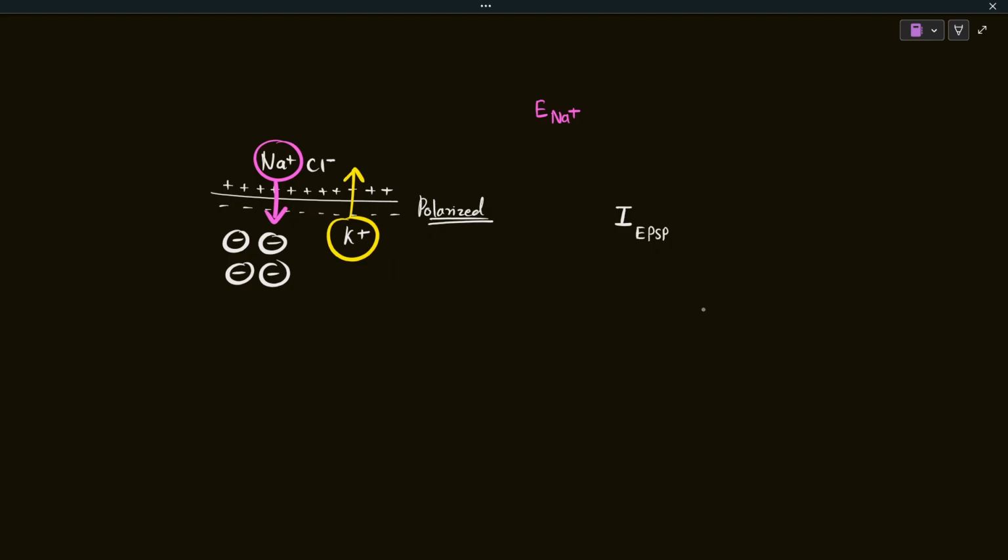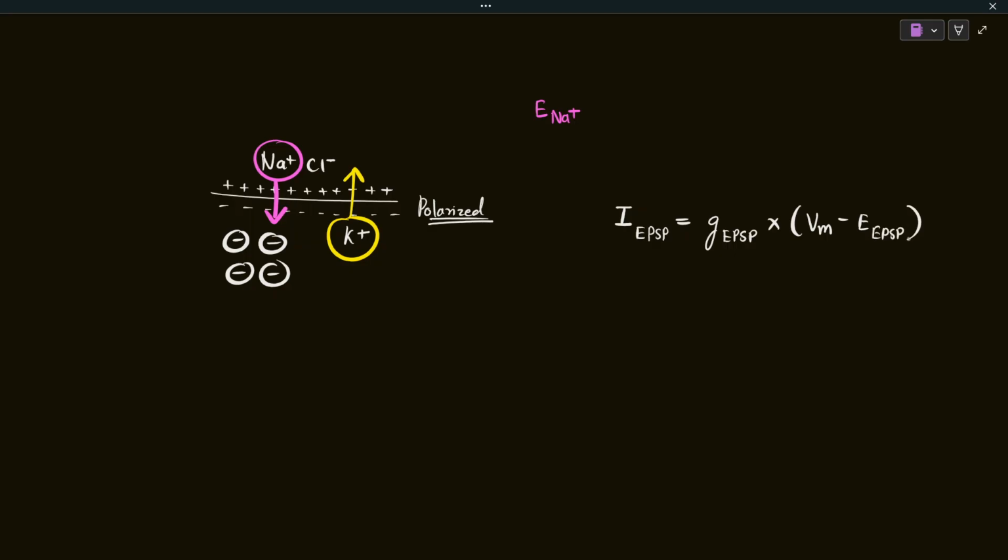So the current that is generated on any membrane, here in this case the postsynaptic membrane, is always equal to the conductance of that membrane times the electromotive force that is driving the ion fluxes. In this case it will be equal to the conductance of the postsynaptic membrane times the membrane potential of the postsynaptic membrane minus the equilibrium potential that is generated due to the unequal distribution of ions across the membrane.